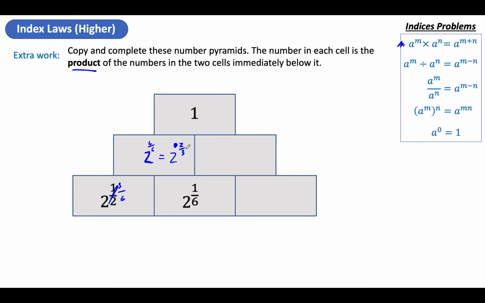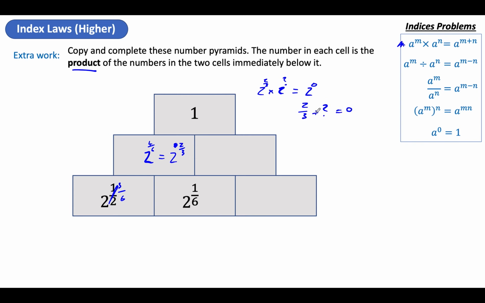Now that's got to be multiplied by something to get to 1. Now a couple of ways you can think of this. Firstly, 1 is the same as 2 to the power of 0. So I need to have 2 to the power of 2/3 multiplied by 2 to the power of something, which is going to go to 0. Remember, we're adding our 2 powers. So 2/3 plus something equals 0.